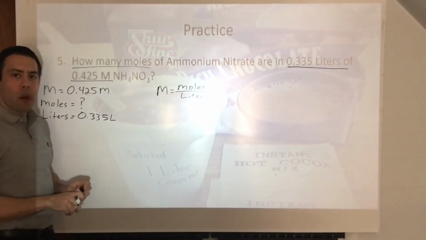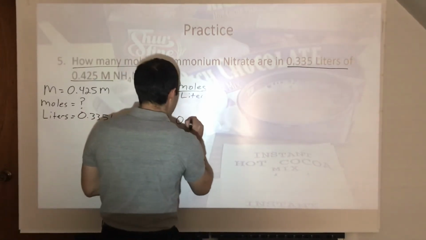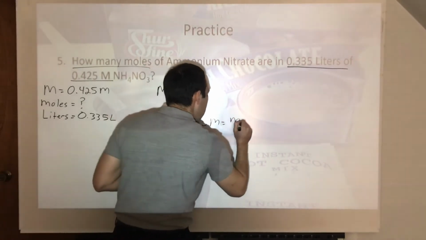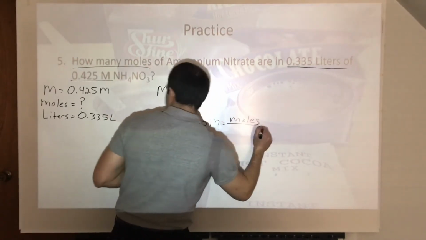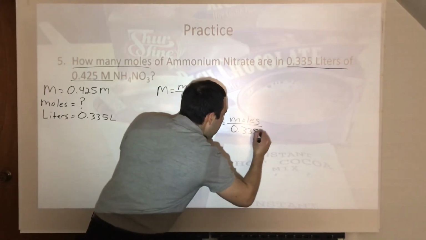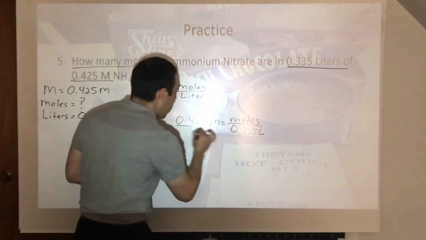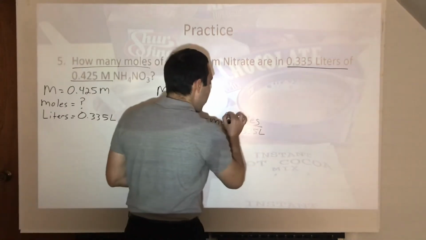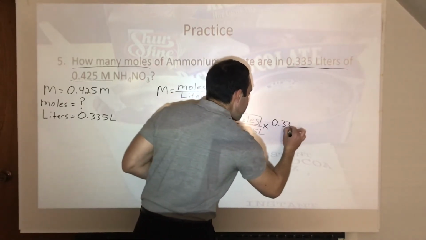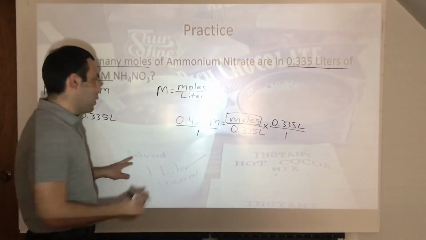After we write down all of our values, we plug them in. 0.425 molar equals moles over 0.335 liters. In order to solve this, we want to get moles by itself, so we multiply both sides by 0.335 liters over 1.